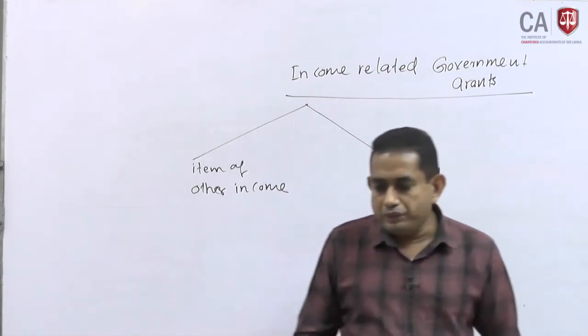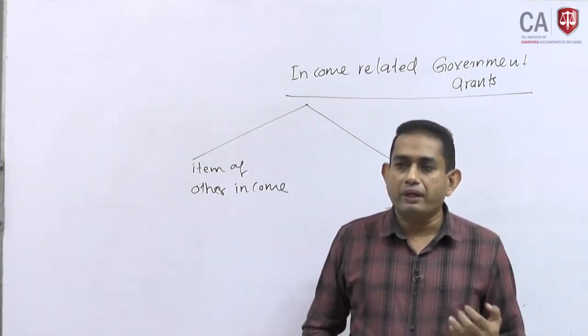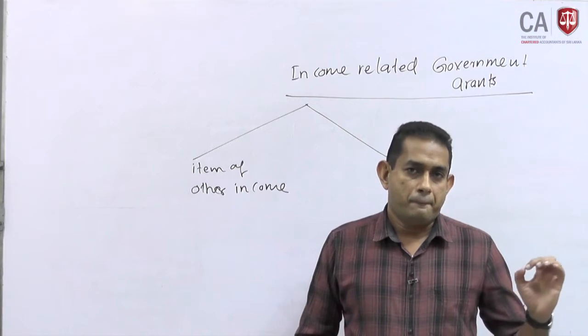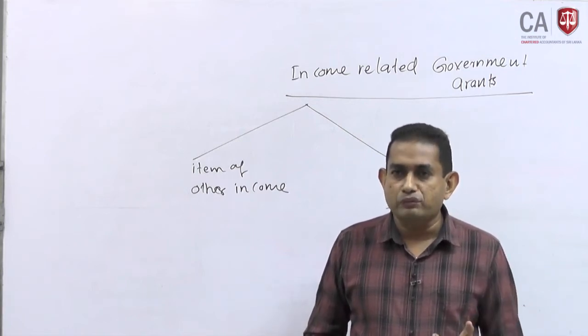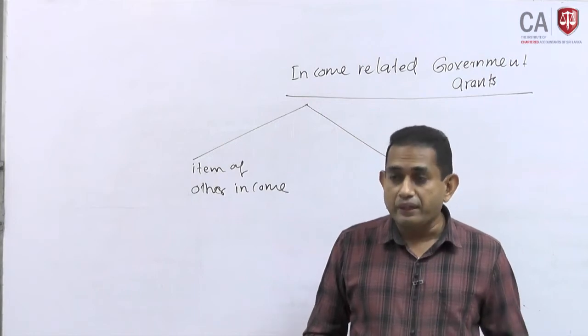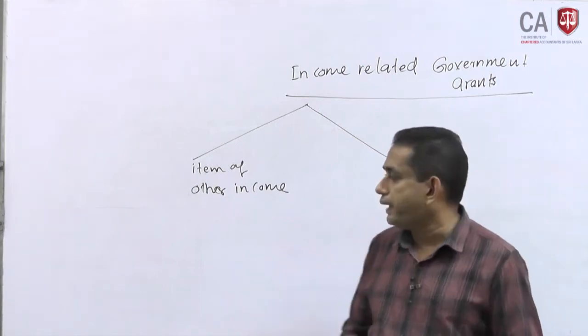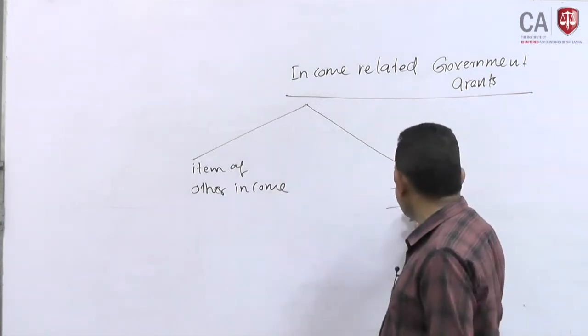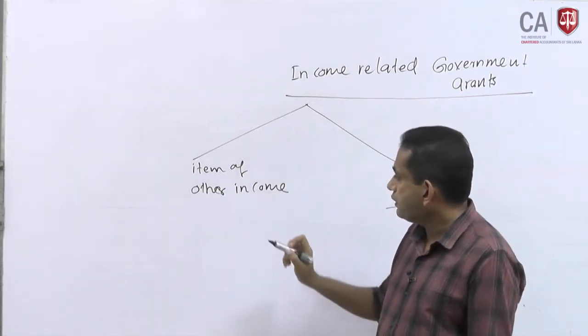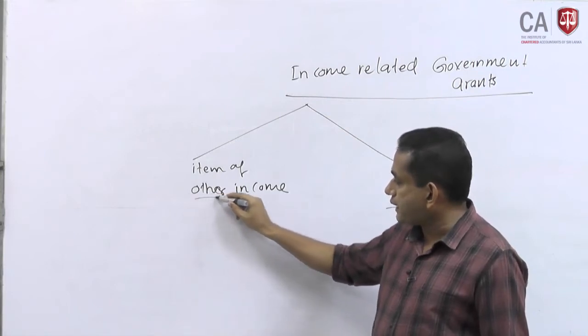So, as much as we have points in favor of the deferred revenue approach rather than the capital approach under asset related government grants, people do have some points in favor of this method and some points in favor of the other method, to be recognized as other income.